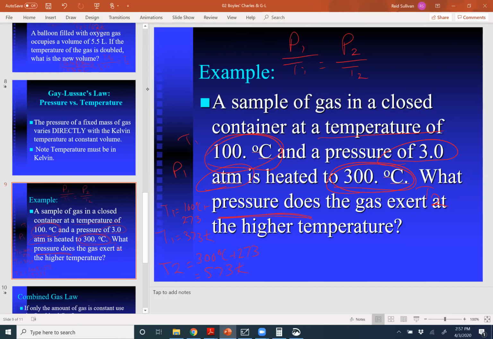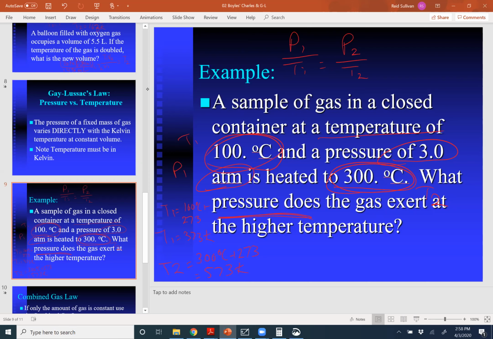So again, this would be a good example if you did this practically in your lab, of how Celsius was not the correct temperature scale, because it looks like we've tripled the temperature, but as you can see in Kelvin, we didn't even double it. And so our corresponding pressure change corresponds to the Kelvin change and not the tripling that we saw with the degrees C.